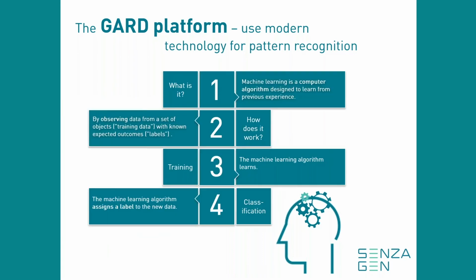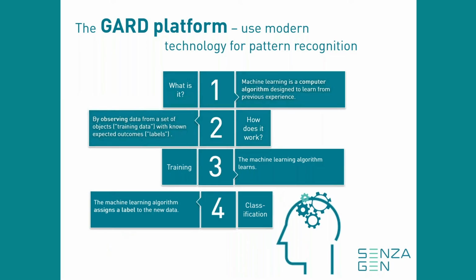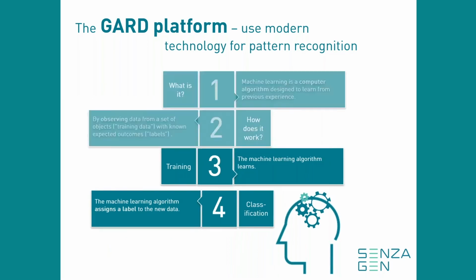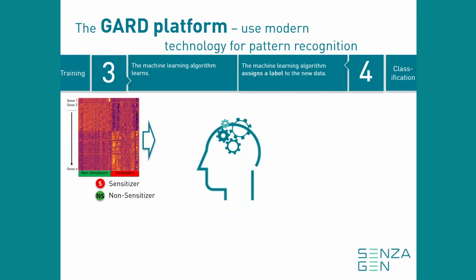So how do we use this information to train the model to classify novel compounds? First of all, we use our training data set as input into our machine learning algorithm. The algorithm learns to discriminate the gene expression profiles induced by a sensitizer from those induced by a non-sensitizer.